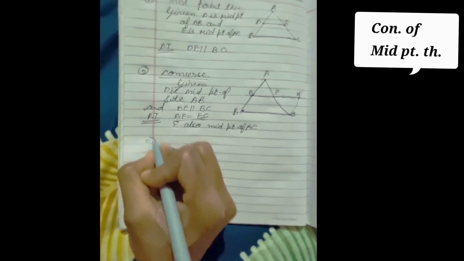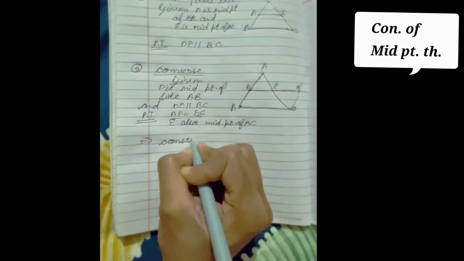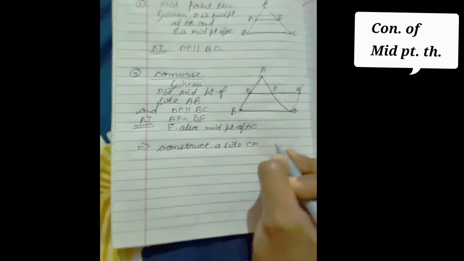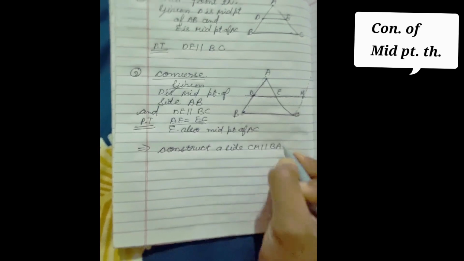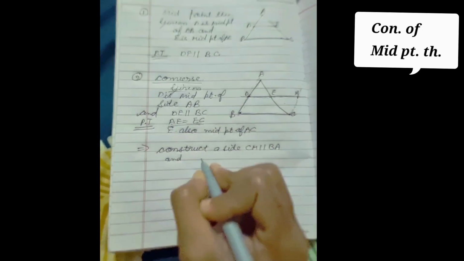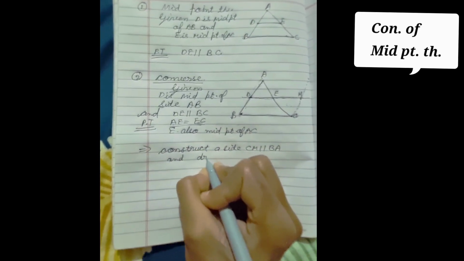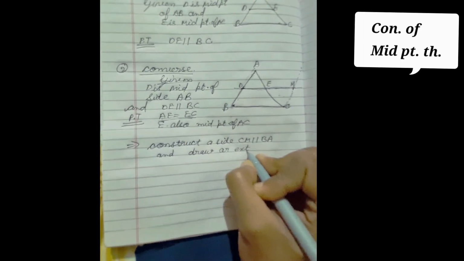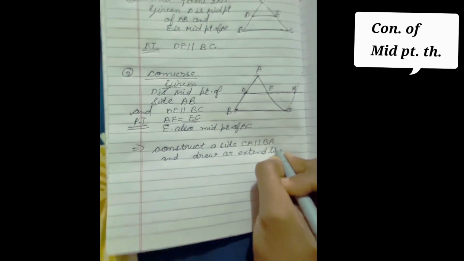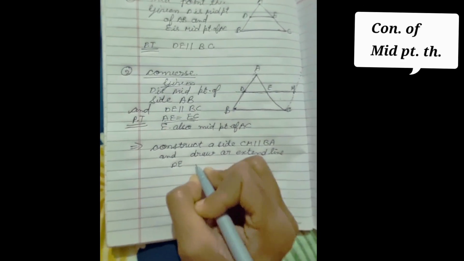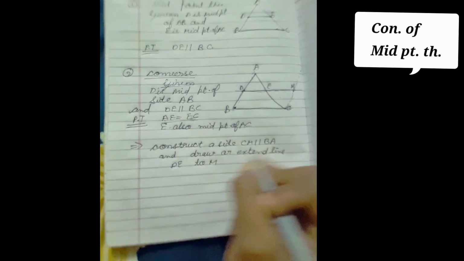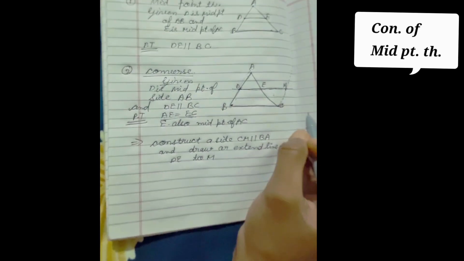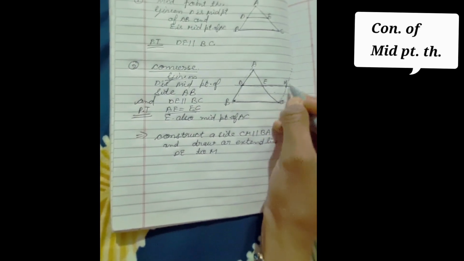So we will write from here, firstly: construct a side CM parallel to BA and extend line DE to M. Extend means draw further. DE extended to M, so M is the point where the lines join.